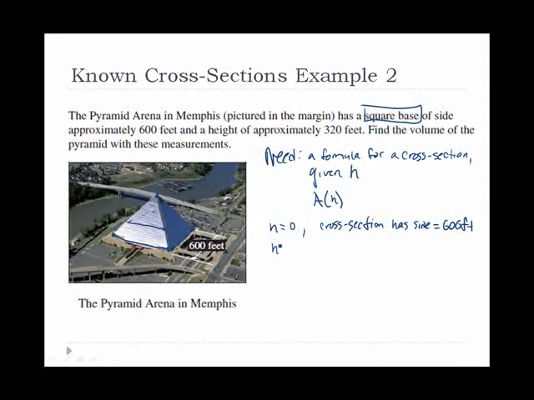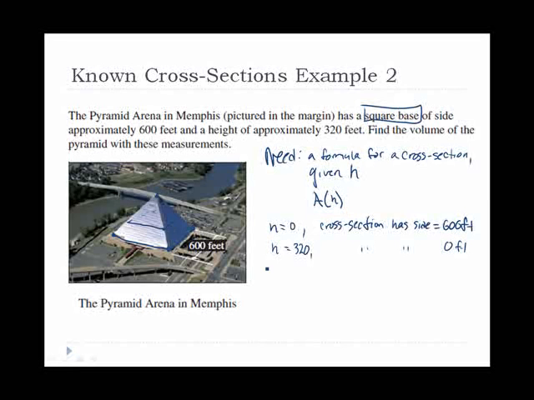And when our height is all the way up there at 320 feet, then our cross-section has a side of 0 feet. Once we get up to the top, we don't have any width to our square anymore.